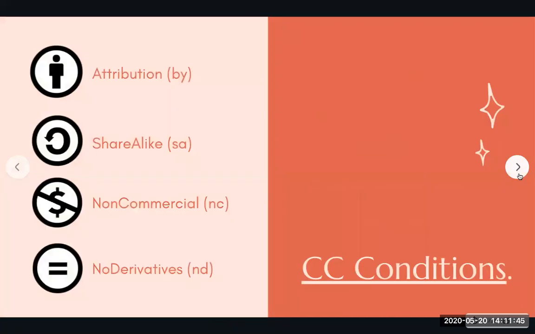So let's talk a little bit about Creative Commons. And Creative Commons licensing has 4 conditions that it will outline to users. And this is very helpful if you are ever creating your own course materials and you would like to share, but at the same time, highlight your intellectual property.